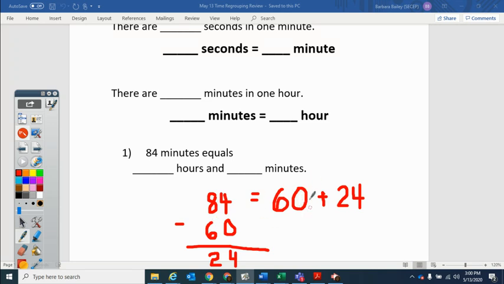Well, we know 60 minutes, because we're talking about minutes, is equal to 1 hour. So 60 minutes is 1 hour plus, I still have 24 minutes.